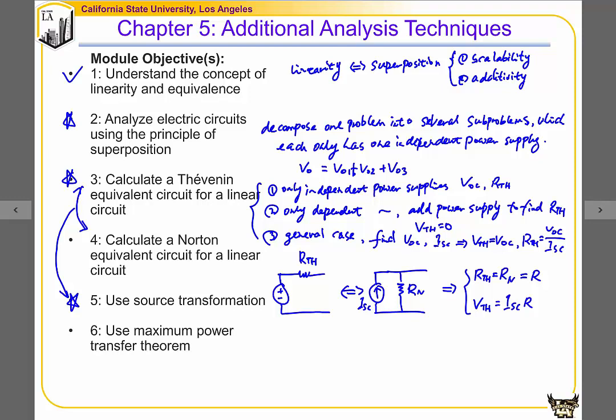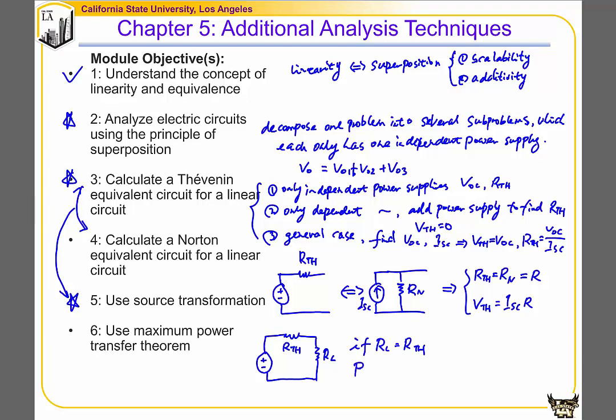And towards the end, when we can simplify part of a circuit to be a Thevenin equivalent, we can calculate the requirement for the load, such as the load having a maximum power. This is the load RL, this is RTH. We know that if the load resistor RL is equal to RTH, it will have a maximum power delivered to RL.